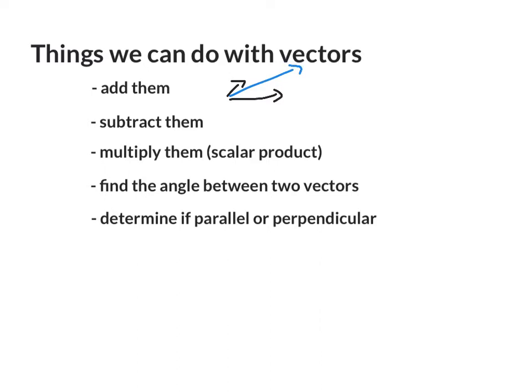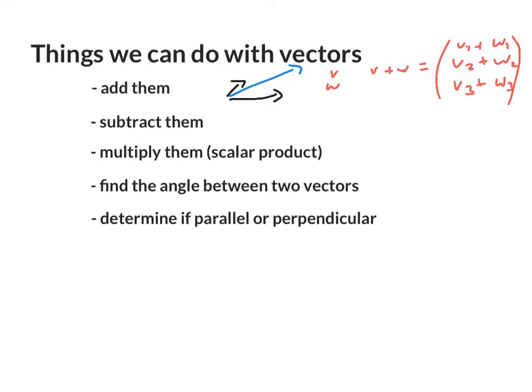Well, if we have a vector v and a vector w, v plus w is just adding up the individual parts. So similarly to what I wrote on the last slide, we just have v1 plus w1, v2 plus w2, and v3 plus w3.